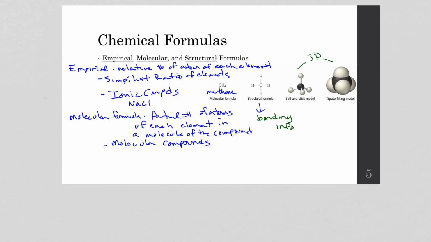We can also show this as what we call a space filling model. This is the most realistic of how the molecule would look. This is often used in book art, and when they show all these molecules in the book, oftentimes they'll show them in a space filling representation, because it gives us the best visual of what the molecule actually looks like.